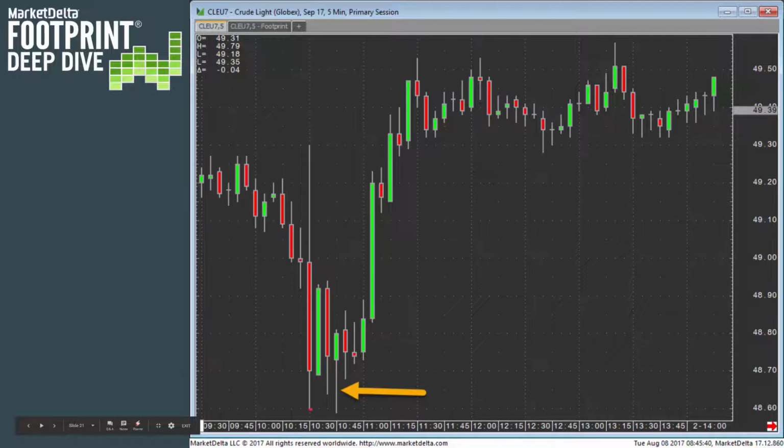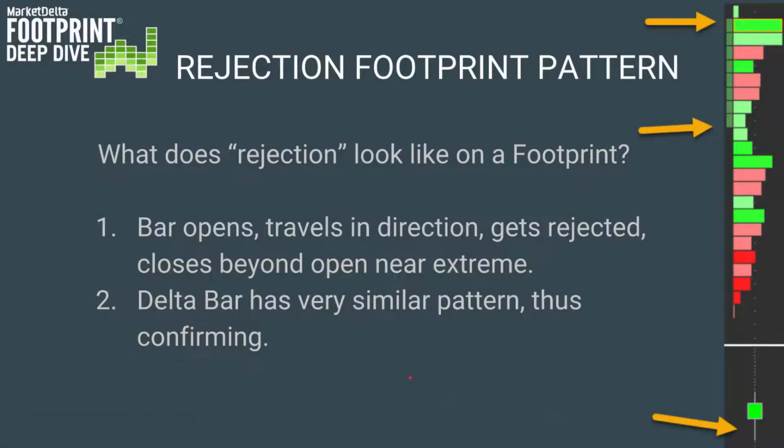So what it did is it had opened, came down, retested, was rejected strongly, and closed well off its lows on a kind of double bottom or a retest. That's a very, very nice pattern. And we want to be able to really zoom in and see what we could extract here on the footprint.